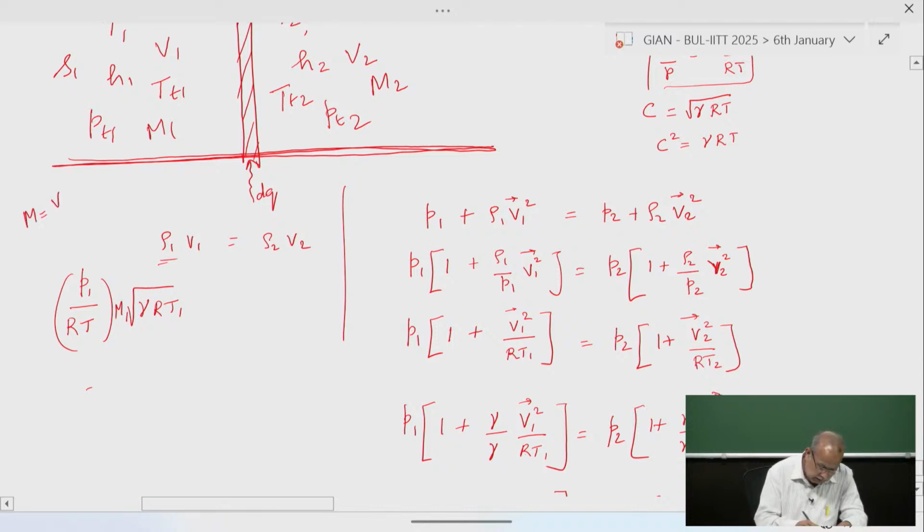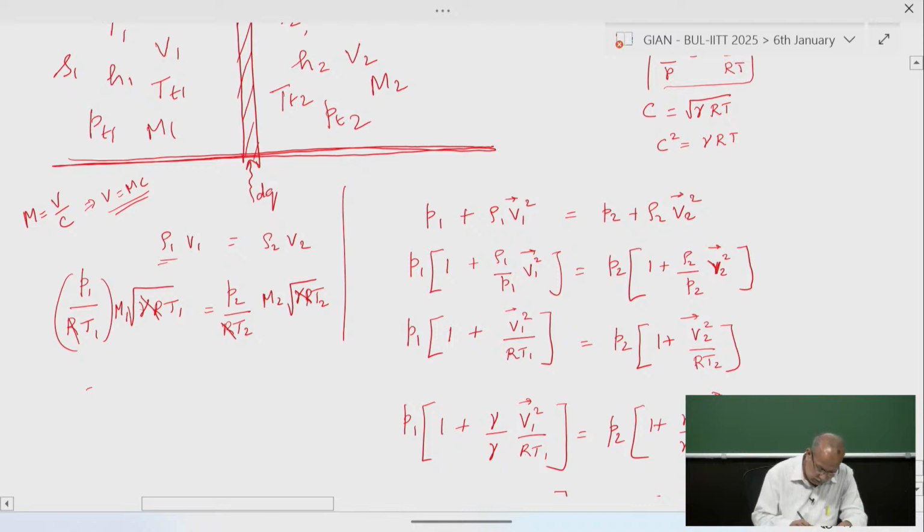Mach number is V by C, so V equals M into C. Okay, so this is equal to P2 by RT2, here M2 square root of gamma R T2. So gamma R will go off, R and R will go off.